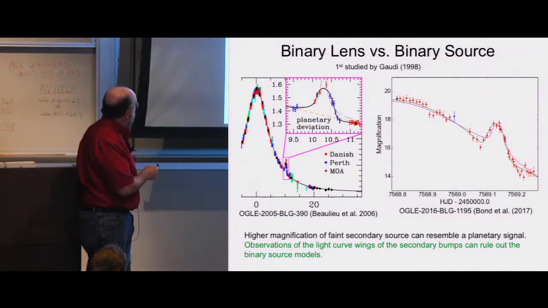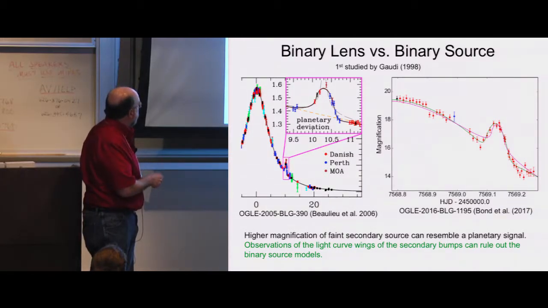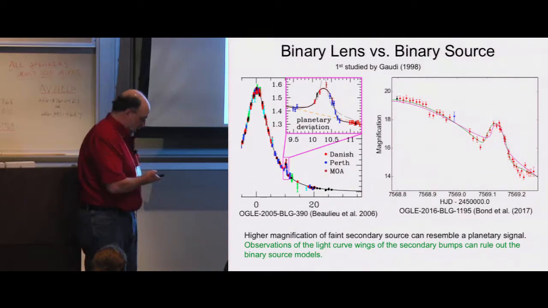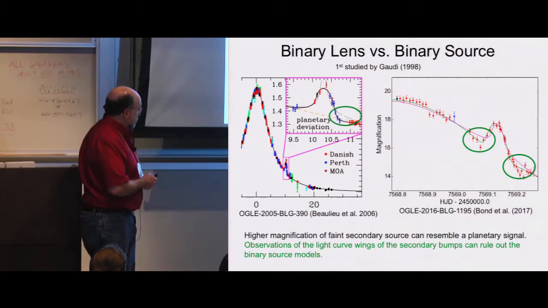But the first low mass one, OGLE-2005-BLG-390, did, and here we fit for that. And then this year we published a discovery paper for OGLE-2016-BLG-1195, and here we fit a binary source for it. Basically the difference is in the wings of the image.